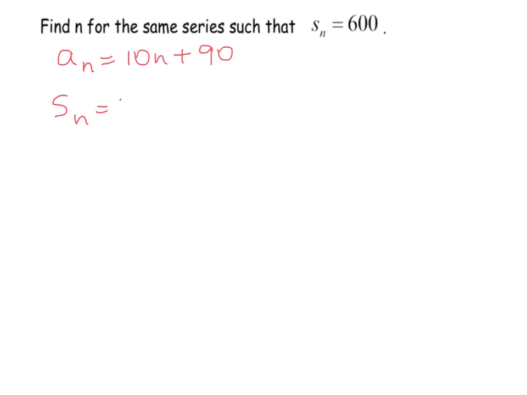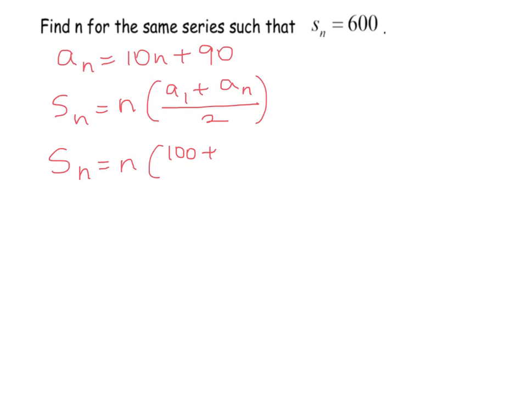S_n equals n times (a_1 plus a_n) divided by 2. We know that the first term is going to equal 100, so it's going to be 100 plus, I am going to take the rule and replace a_n by it, so I'm going to say 10n plus 90, over 2.